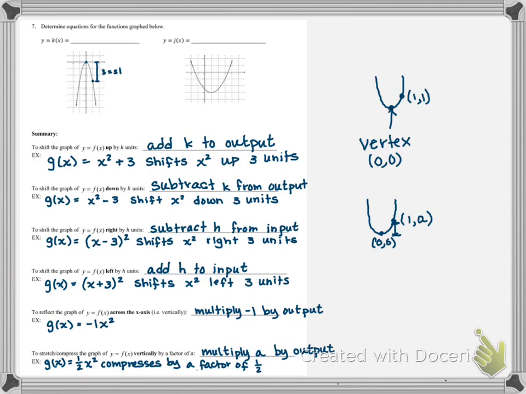So that's my stretch. And then I also have to flip it, right? So I'm going to take my output, which is x squared, multiply by a factor of 3, and make it negative to flip it.